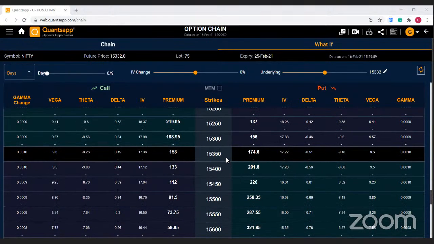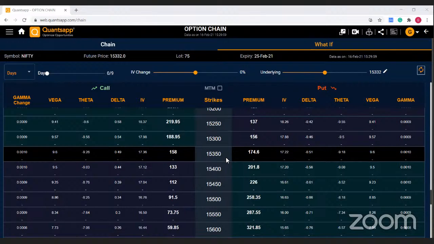So now I think we'll take a small recap about the option Greeks, how the option Greeks can actually affect the option premium. So first and foremost comes the underlying, that is called the delta. You might have heard that delta will affect your option in a positive or negative way depending on the stock movement.